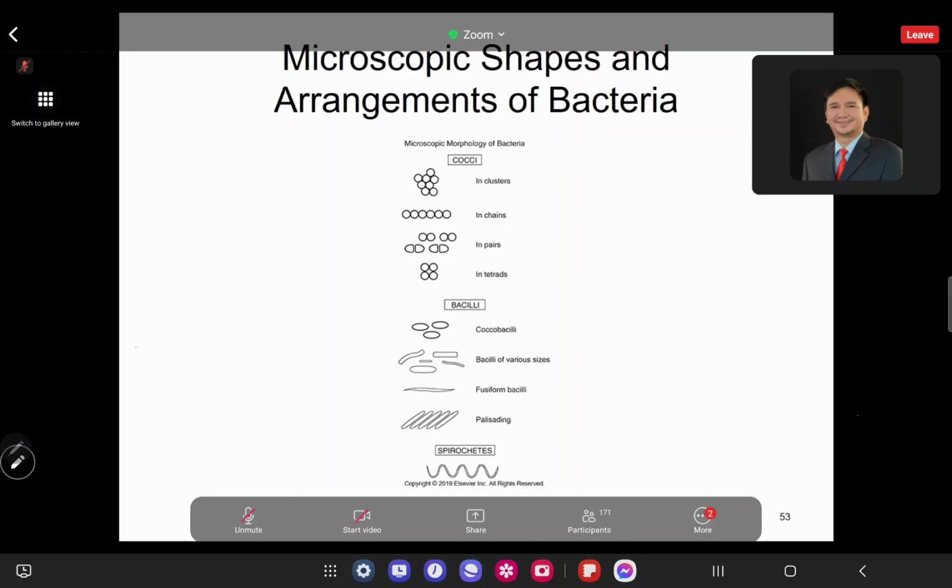Diplococci or diplococcus. How about a group of 4 cells? Tetrads. Only tetrads, not tetracocci. How about short rods?